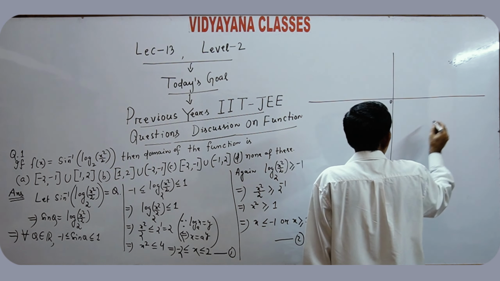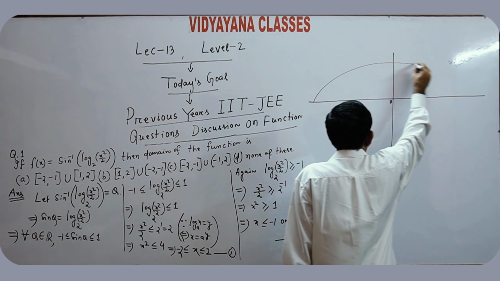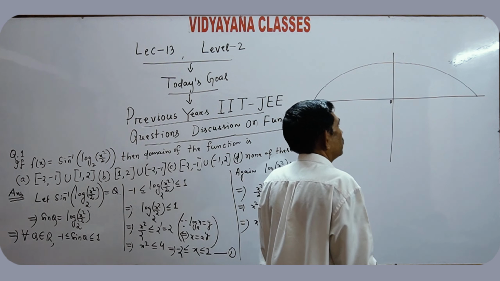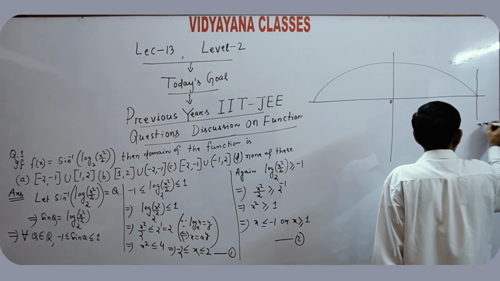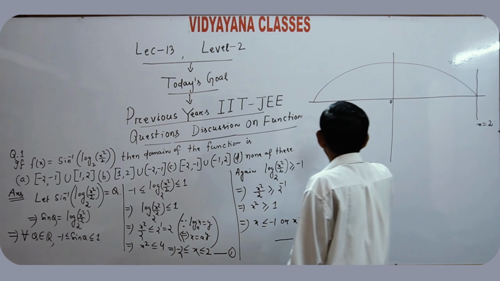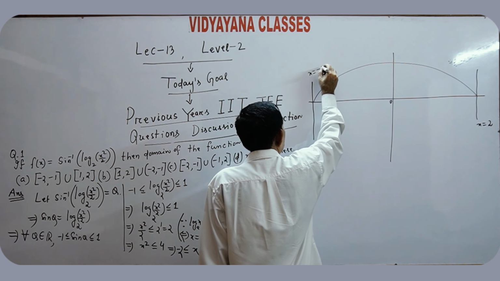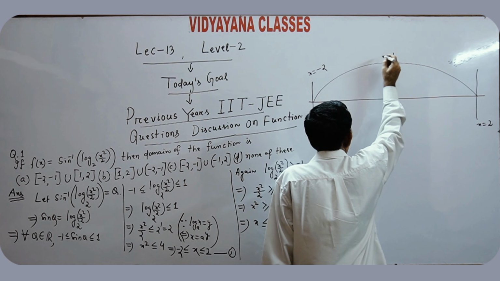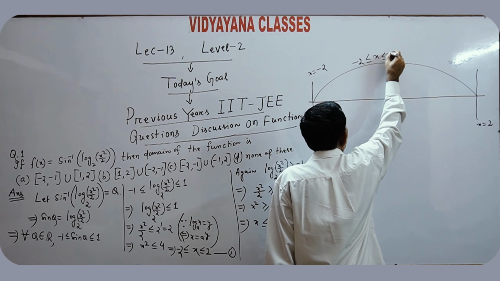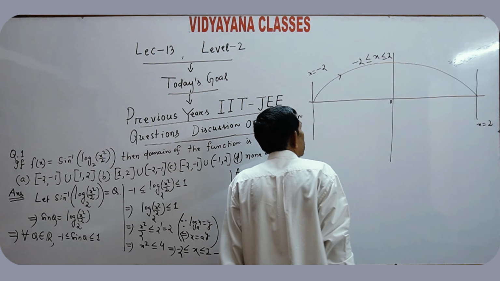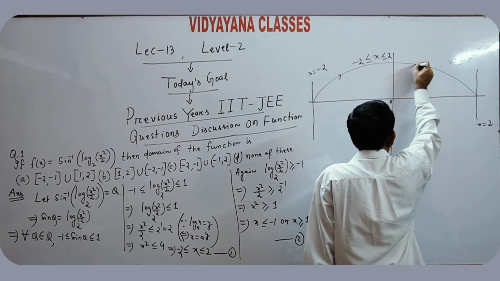It is the origin. This line is x equal to 2. This line is x equal to minus 2. This interval is x greater than or equal to minus 2 and less than or equal to 2.